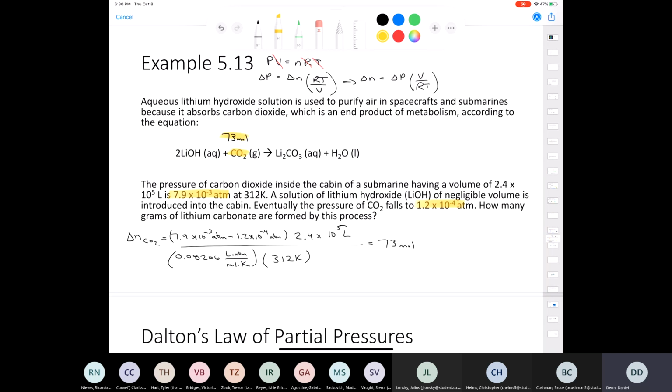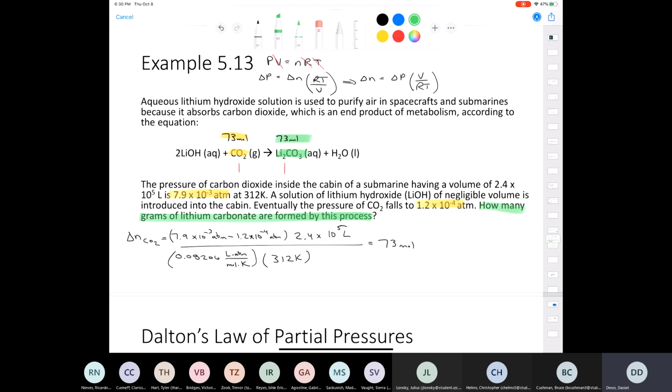The question is asking us, how many grams of lithium carbonate are formed in the process? Well, you can see that the ratio of carbon dioxide to lithium carbonate is a 1-to-1 ratio. So if I consume 73 moles of carbon dioxide, that means that I'm going to produce 73 moles of lithium carbonate.